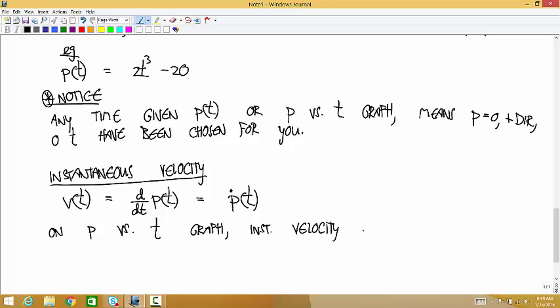So the instantaneous velocity at a given instant is the slope of the curve at that corresponding time.